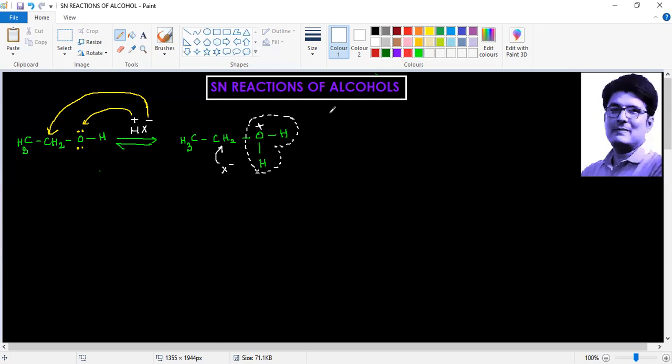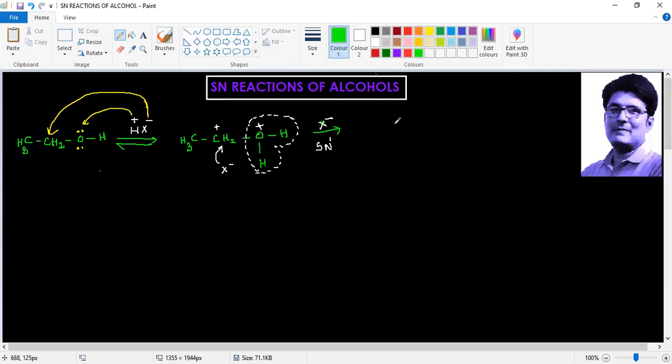Then how can we write the product? On attack of the nucleophile here, whenever it leaves, a carbocation is obtained, so it follows SN1.